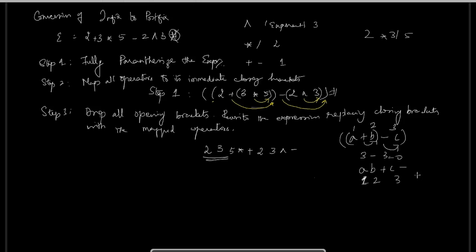How will this expression be evaluated? The system will start scanning from the left-hand side, as it does in the normal case. We read the expression from the left, and if we read an operand, we don't do anything.